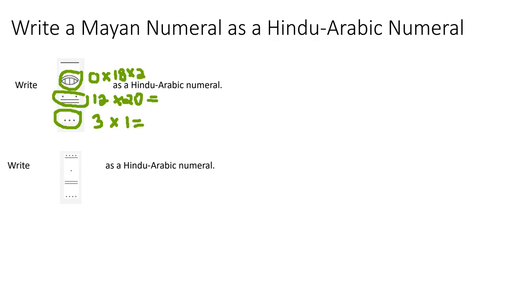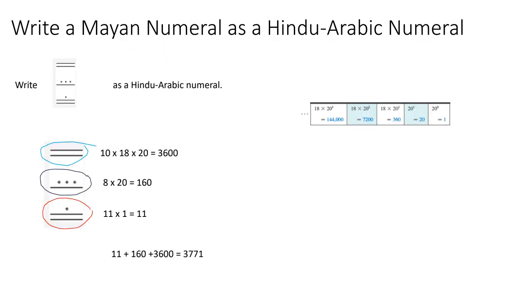And then the last one is 5, so that's going to be 5 times 18 times 20 squared, okay? And so if you have the table, you can see they give you that number here, 7,200.